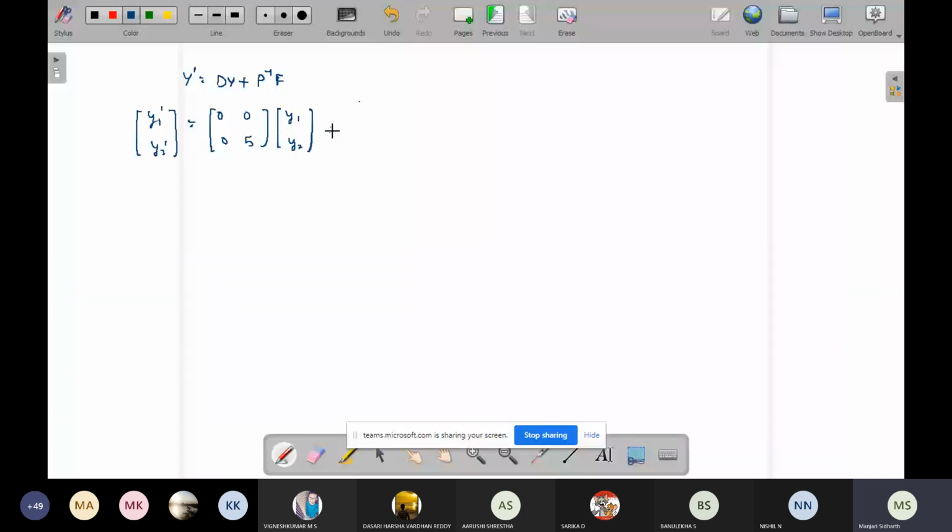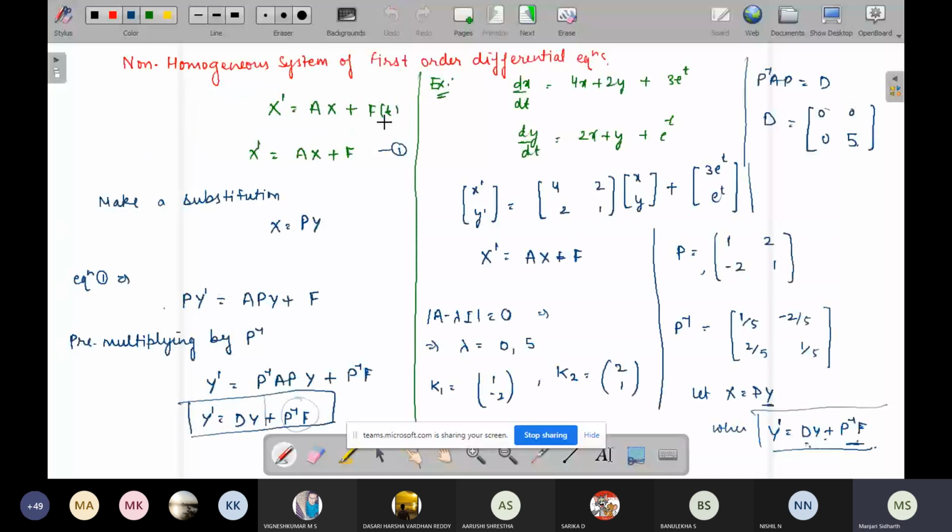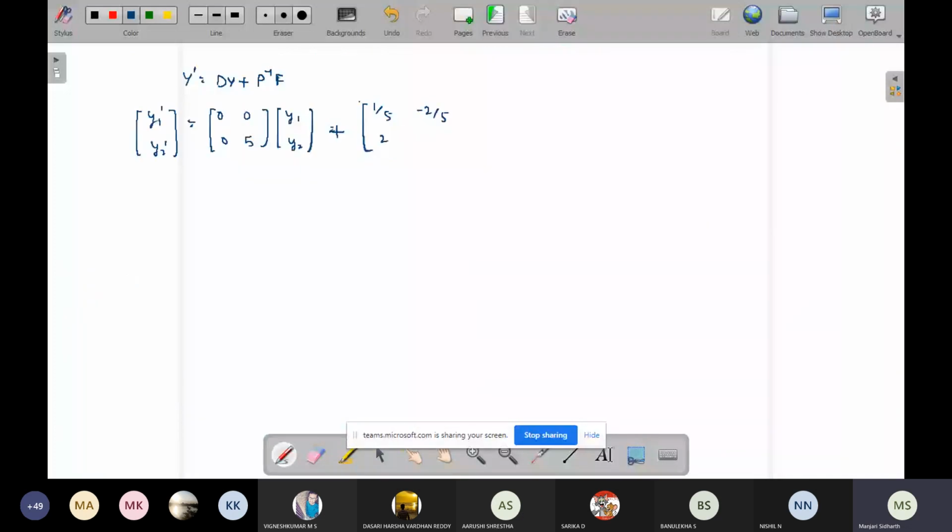Then plus P inverse, which is 1 by 5, -2 by 5, 2 by 5, 1 by 5, and F value was 3e power t and e power t. When you are multiplying this, 0 y1 plus 0 y2, that means 0. 0 y1 plus 5 y2, that means 5 y2.